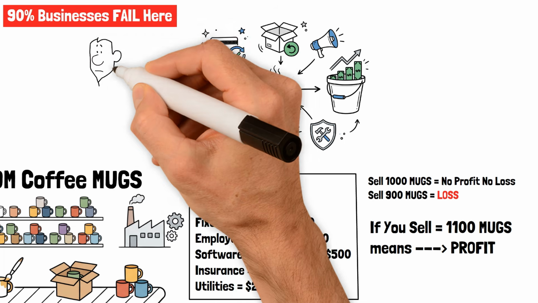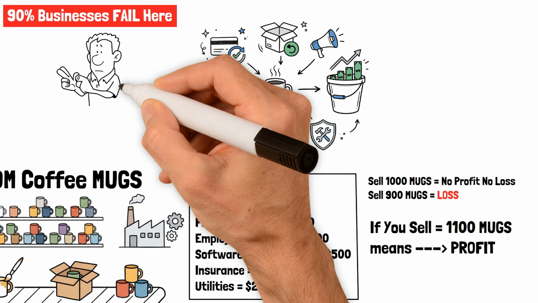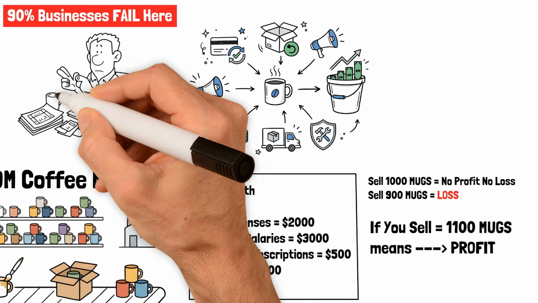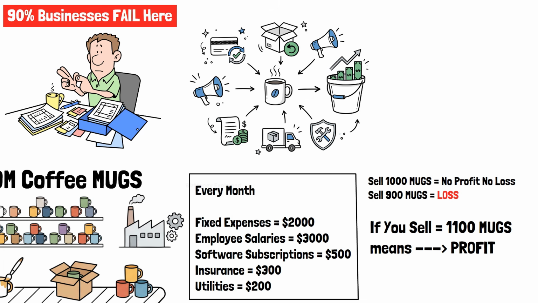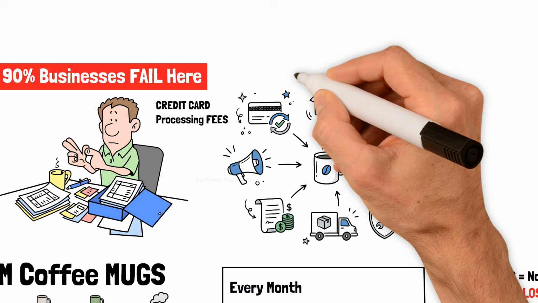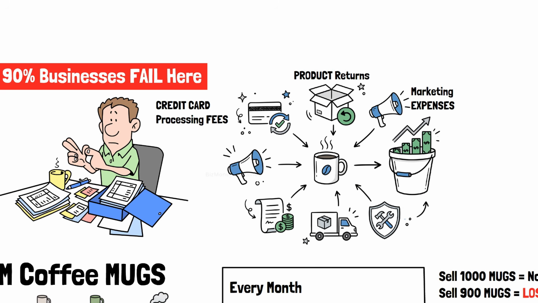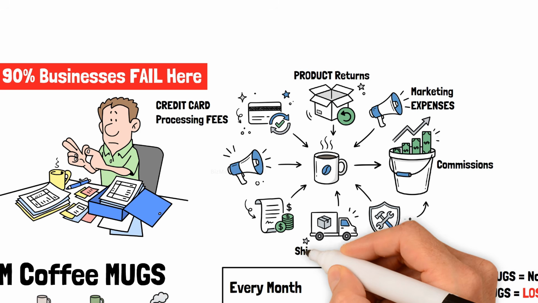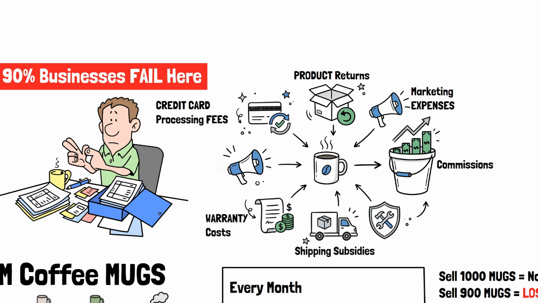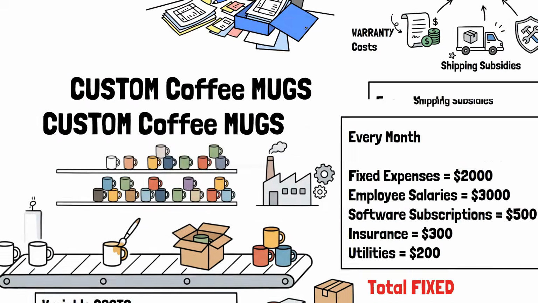However, many business owners stop here and accidentally create inaccurate calculations. Real businesses often have hidden costs. For example, credit card processing fees, product returns, marketing expenses tied directly to sales, commissions, shipping subsidies, and warranty costs can all increase variable expenses.